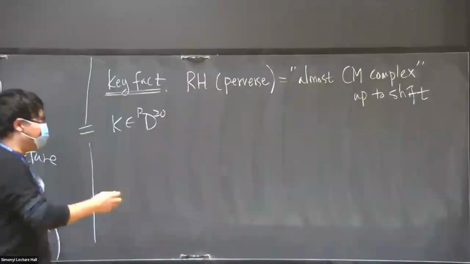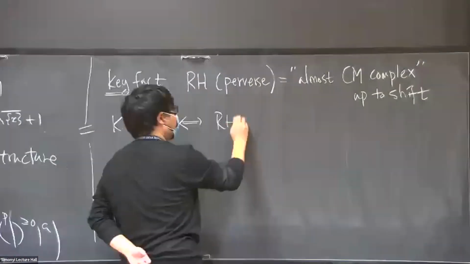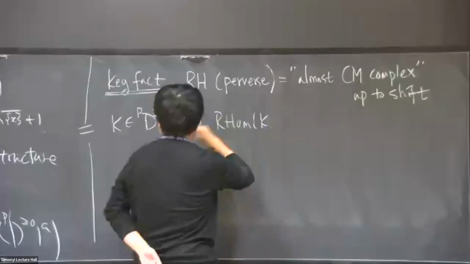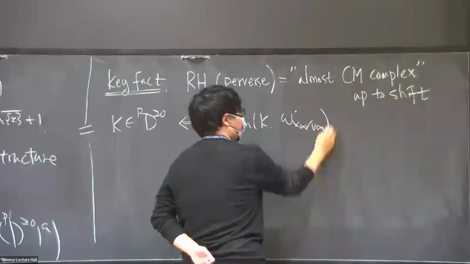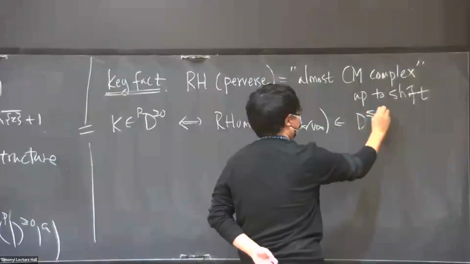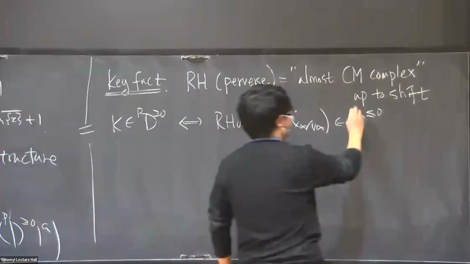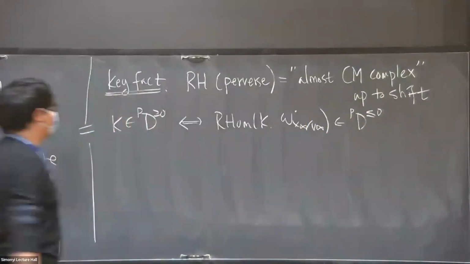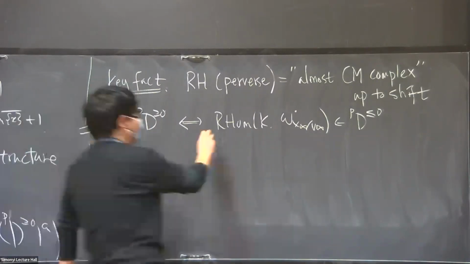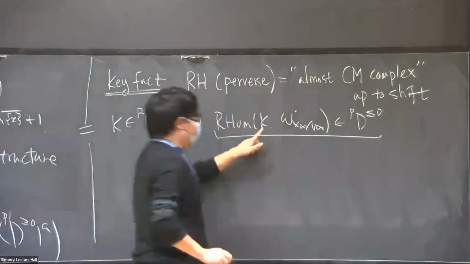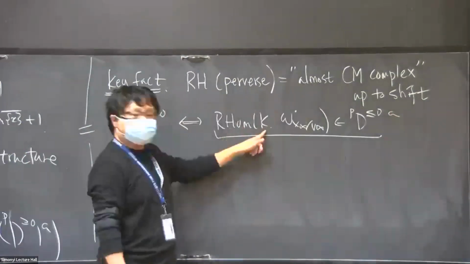That means, remember, if and only if the dual is in D^{≤0}. Now, here K is almost coherent.